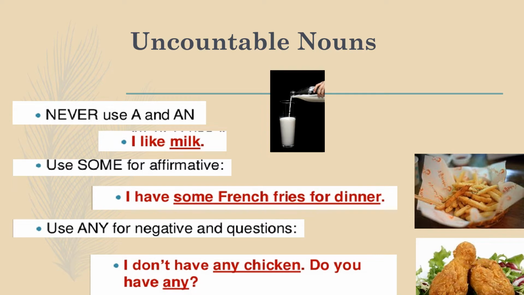Here we use any instead of some because this sentence is negative. Do you have any chicken? It's a question, so we use any instead of some. But for affirmative sentences, negatives or questions, we don't use numbers.